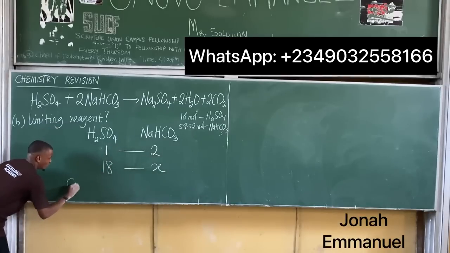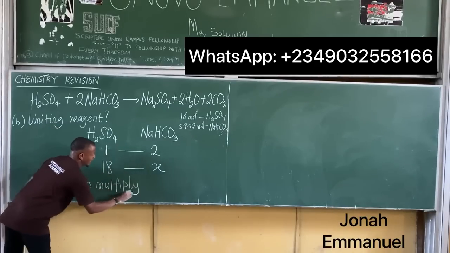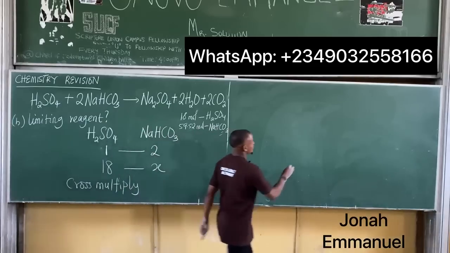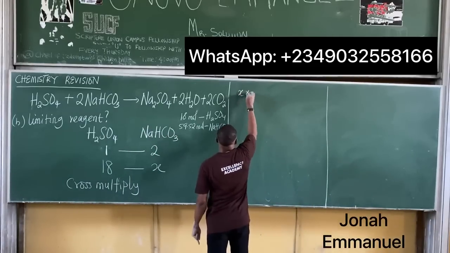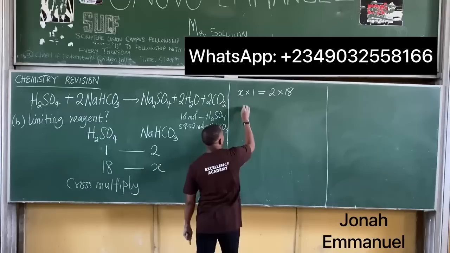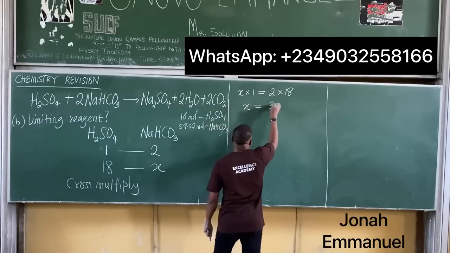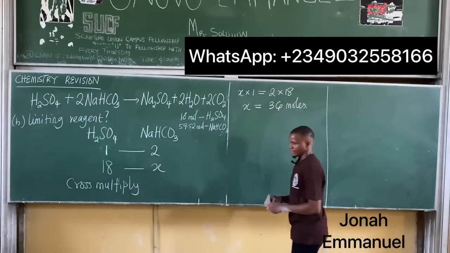So cross multiplying, X times 1 is equal to 2 times 18. So X is 36 moles.